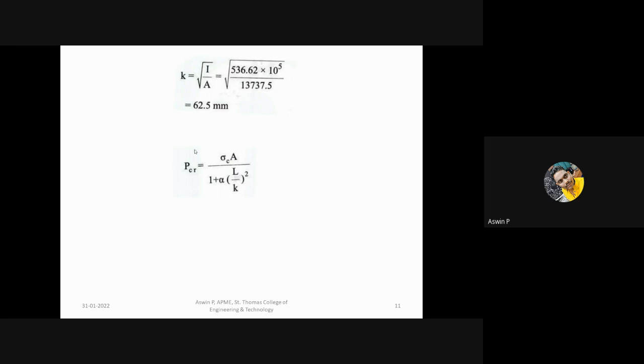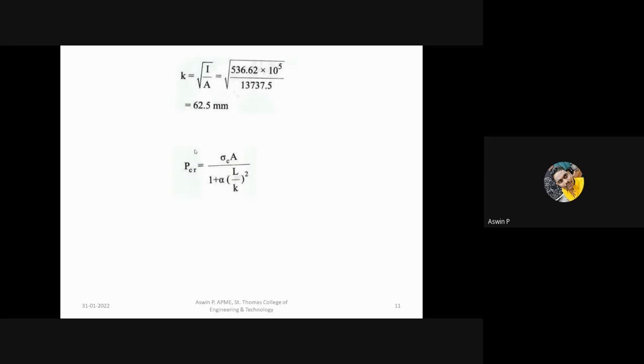And now you need to find Rankine's equation, that is PCR. We have an equation for PCR as sigma C into A divided by 1 plus alpha into L by K square.